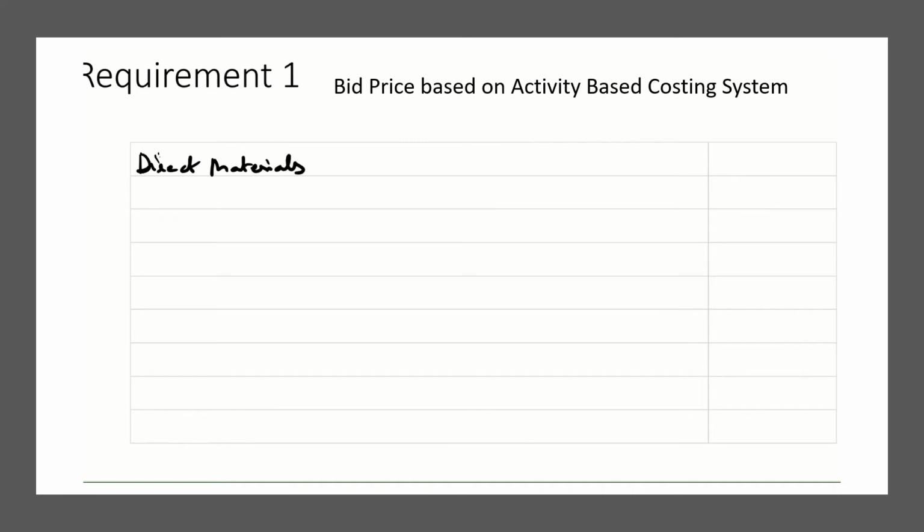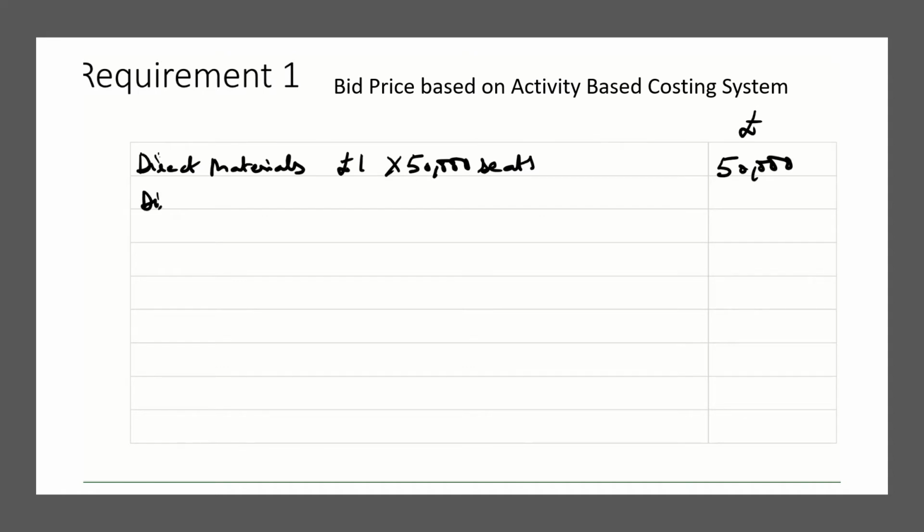The direct material per unit is 1 pound, and the total number of seats we have to manufacture is 50,000 units, which is basically our seats, and total cost is 50,000.